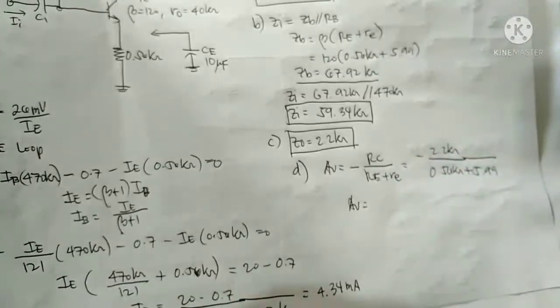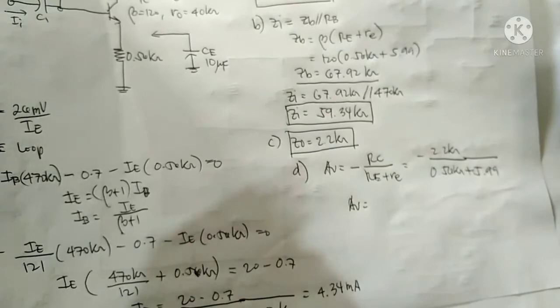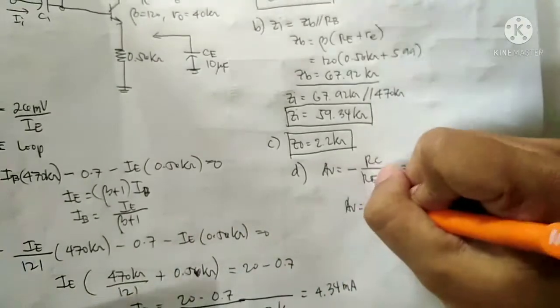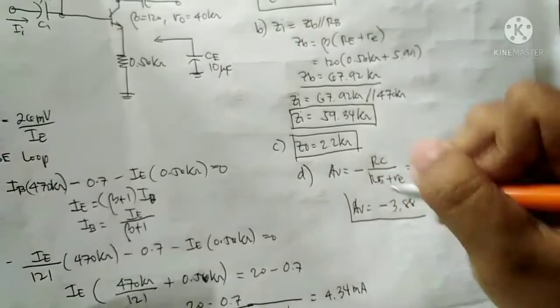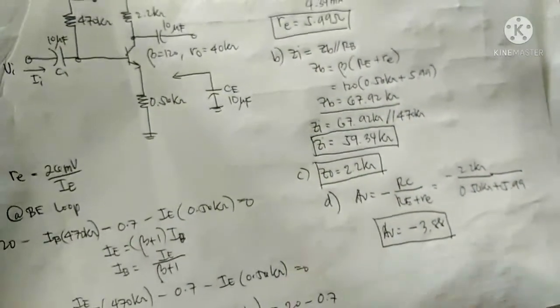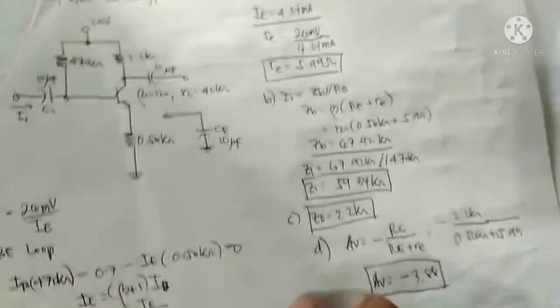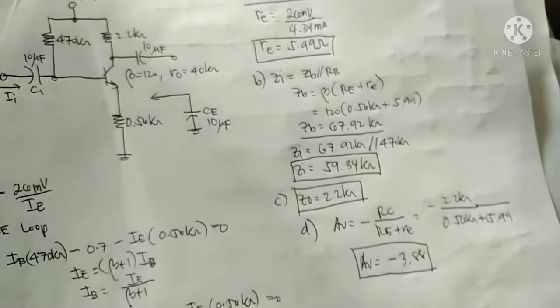Voltage gain is, so don't forget the negative, negative 3.88. So that is no unit. This is unitless, because it is just a gain, V out over V in.